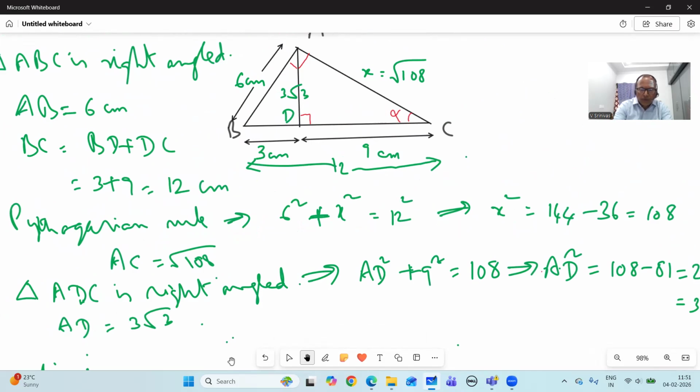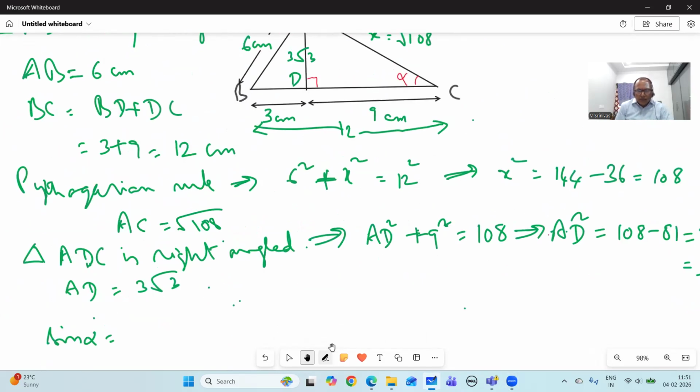So sin alpha is equal to AD by AC. What is AD? AD is 3 root 3, and AC is root 108. So it is 3 root 3 by root 108.